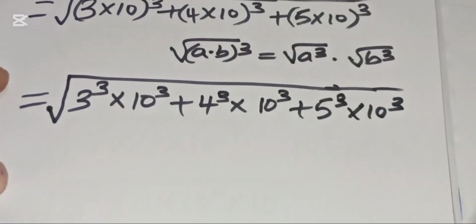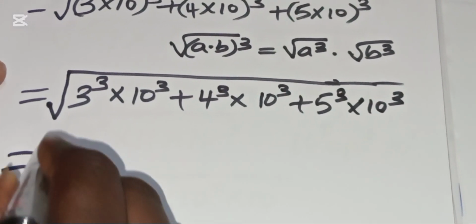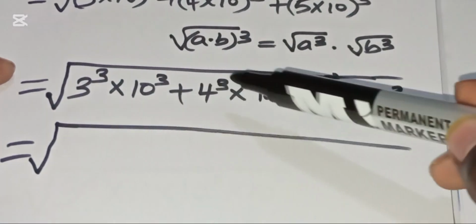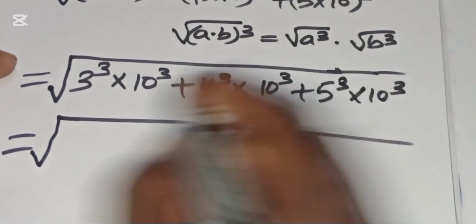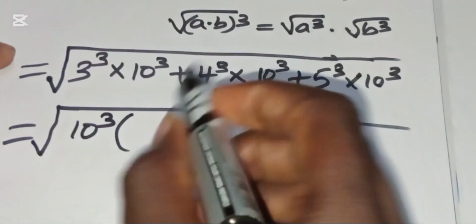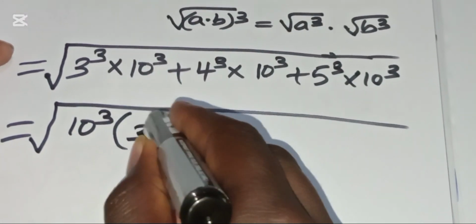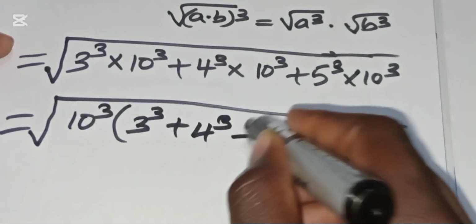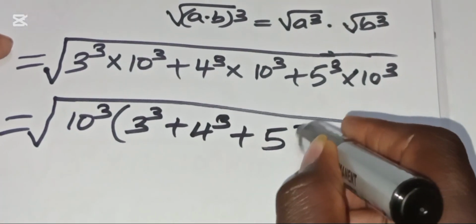Now 10 cubed is common for parts 1, 2 and 3, so we factor out 10 cubed. We're going to have 10 cubed into the bracket: 3 cubed plus 4 cubed plus 5 cubed.